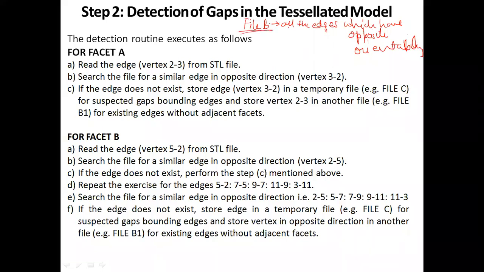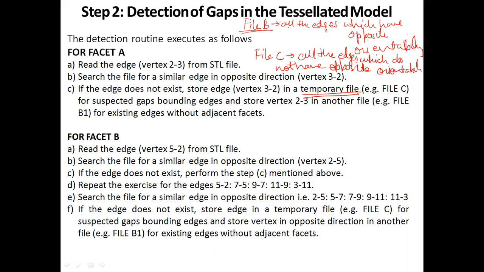Now you will shift to file C. Now what is file C? File C basically is a temporary file. It is going to be a temporary file which will store the information of the edge which does not exist. Means here all the edges which do not have opposite orientability will be stored.